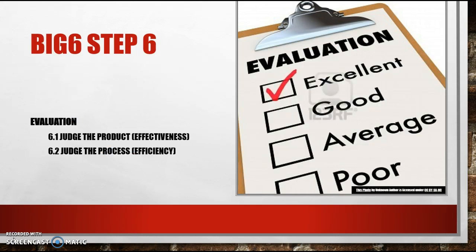So now that your product is complete, we have to do the last step of the Big Six, Step 6. That is the evaluation of the product. You need to take some time and go back and reflect on what you have made. Judge your product. Be very judgy here. Decide if the process you used worked or if it didn't work.